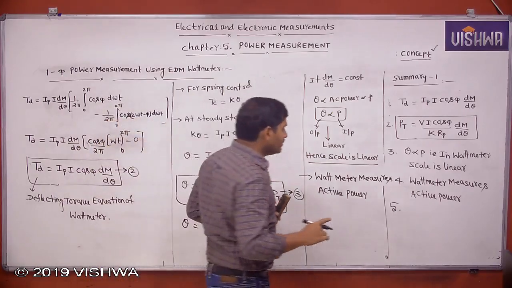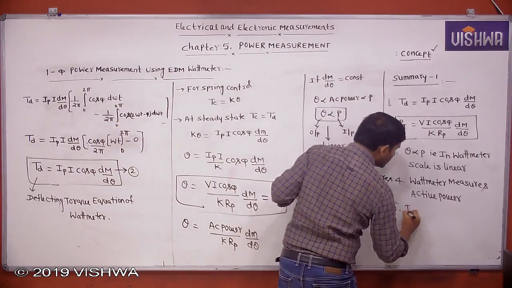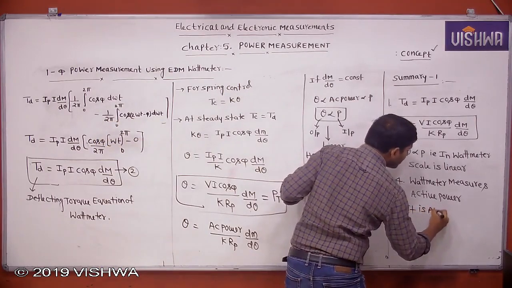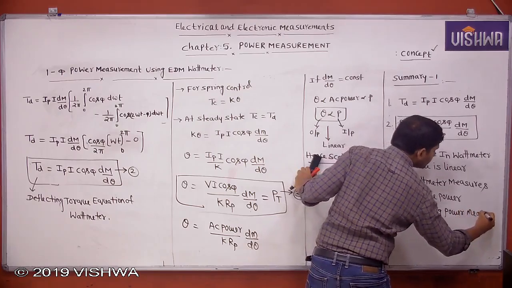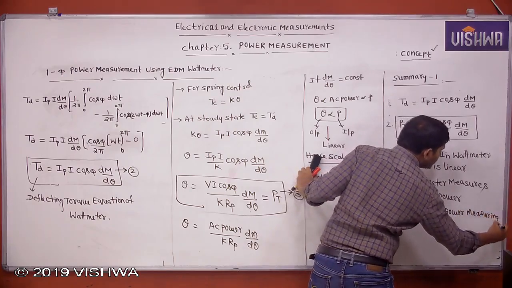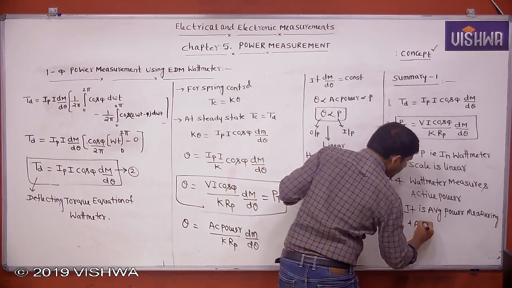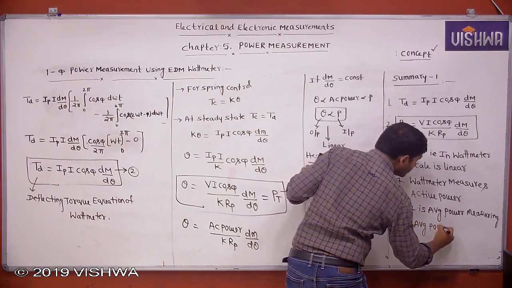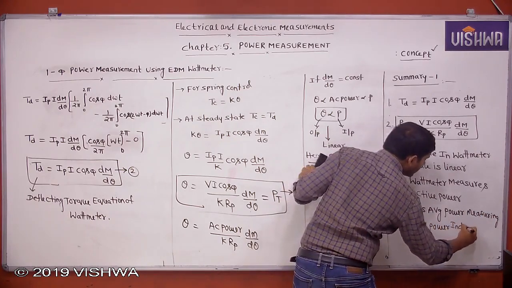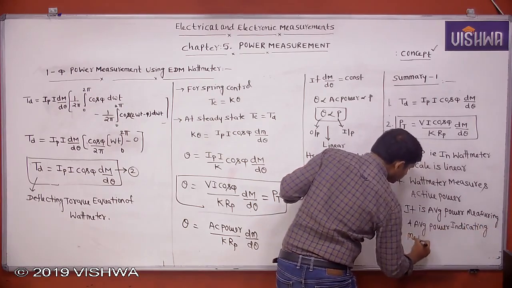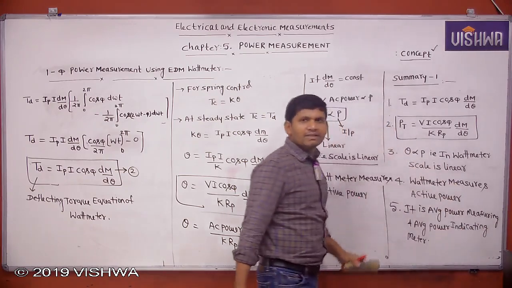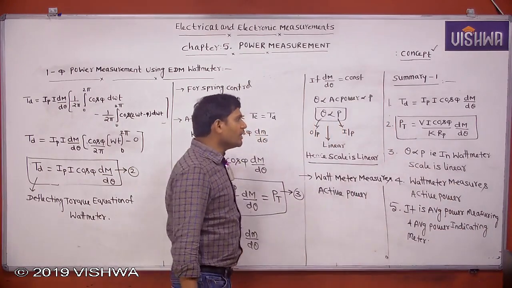Very important to solve the problems. It is average power measuring and average power indicating meter. That means wattmeter measures the average power. But you may have one doubt, sir.